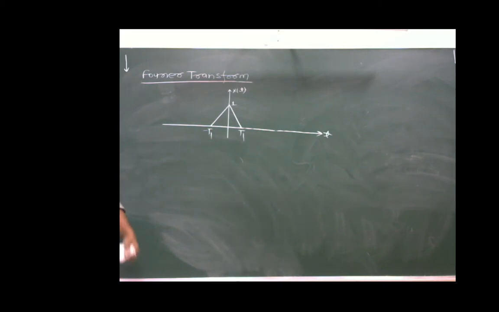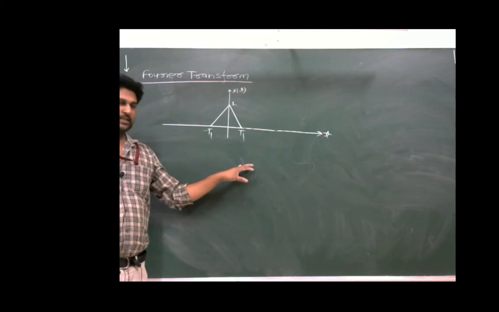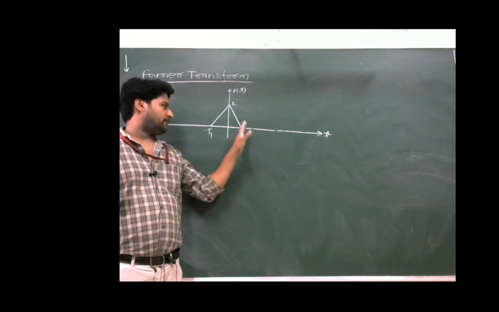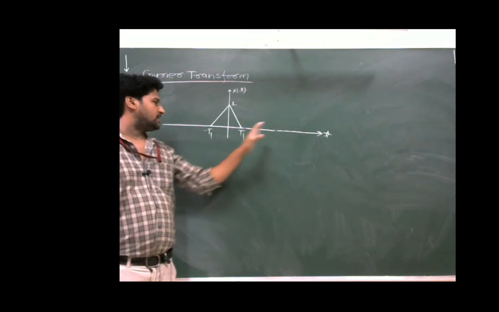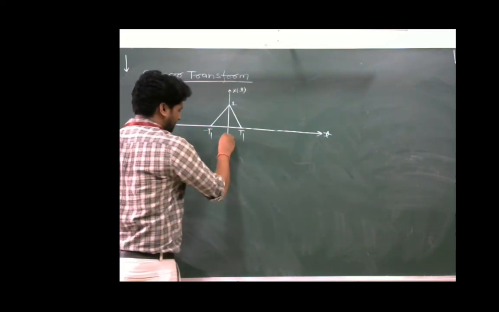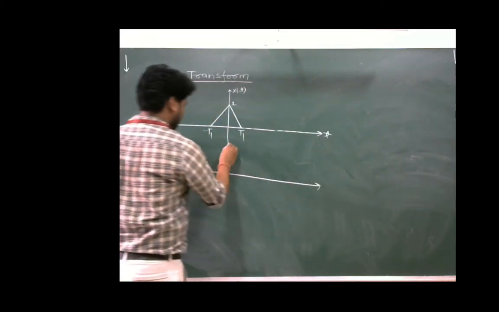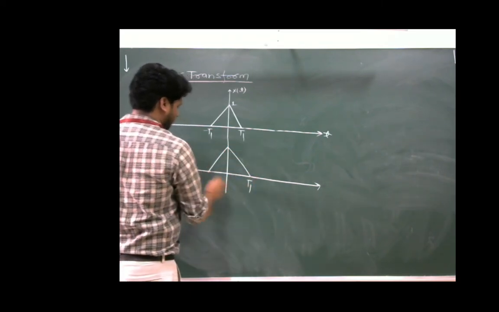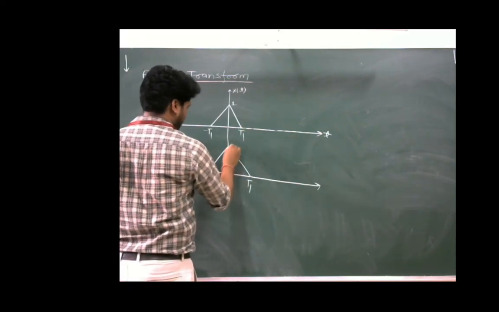Now we can generate a periodic signal by using this signal, by repeating this pattern to the right of the y-axis and to the left of the y-axis. Then this will look like this. This is plus t1, this is minus t1, and its amplitude is 1.